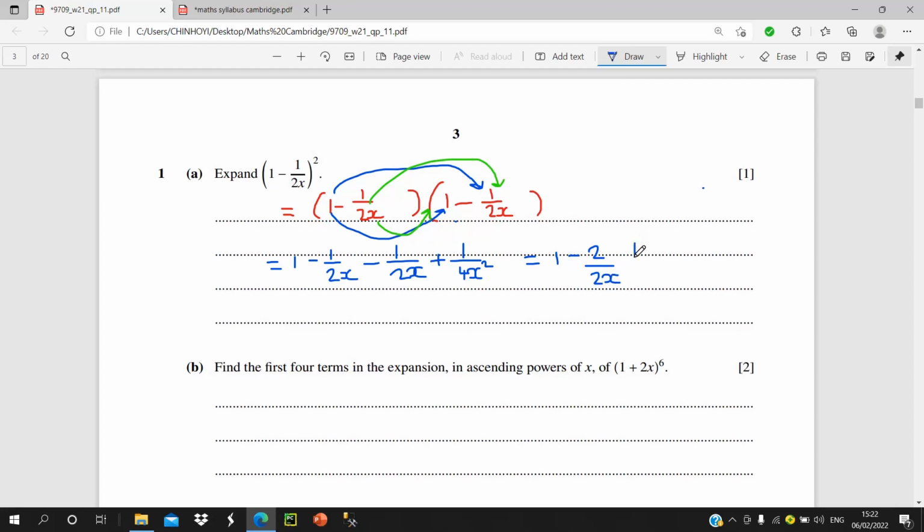Then plus 1 over 4x squared, and then these 2 and 2 cancel.